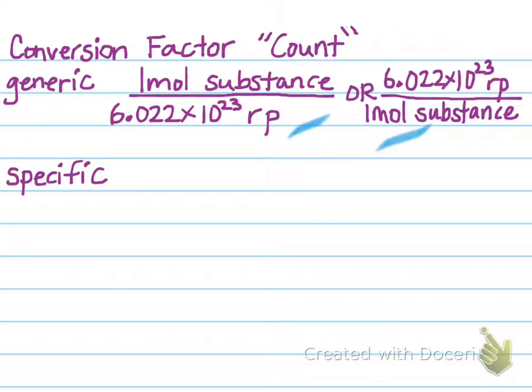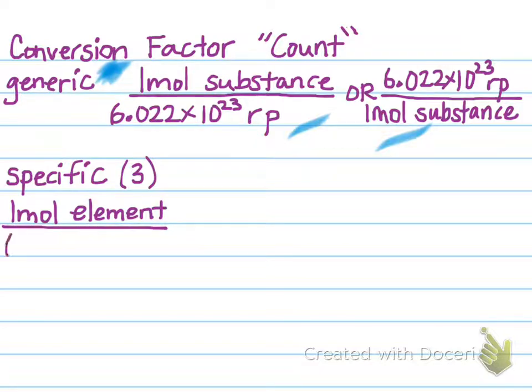I'm just going to write them one way, probably like this, and expect you to recognize that you could flip the units depending upon where you need them to be. The specific ones relate to three different kinds of substances, so there are going to be three of them. I can have 1 mole of element, which is Avogadro's number.